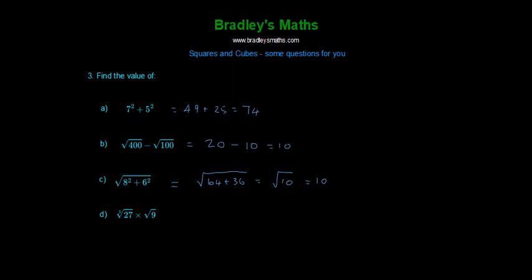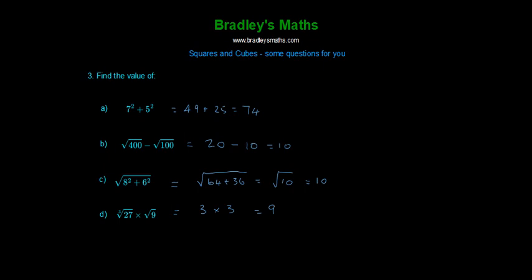And the cube root of 27 times the square root of 9: the cube root of 27 equals 3, times the square root of 9 equals 3, and 3 times 3 equals 9.